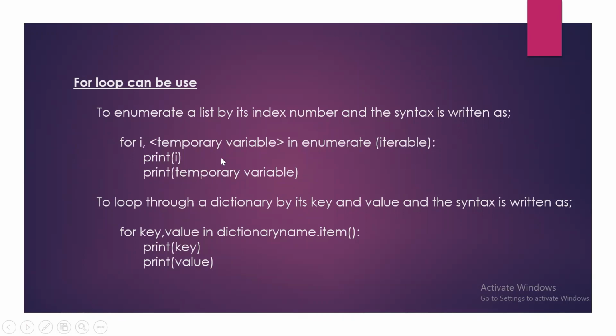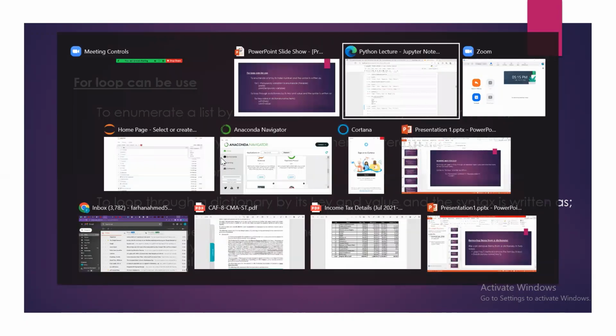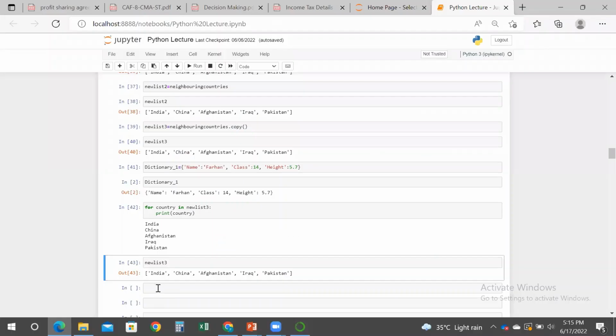So let's see how we can do this in Python. We will write for index, then the temporary variable which defines the nature of the elements, items, or entries of the iterable object. So in this list of countries, the temporary variable will be country, which is the nature of the items of the list.